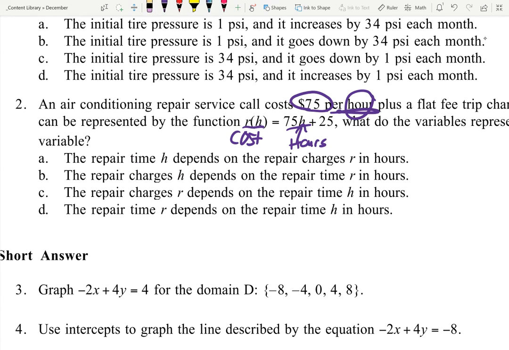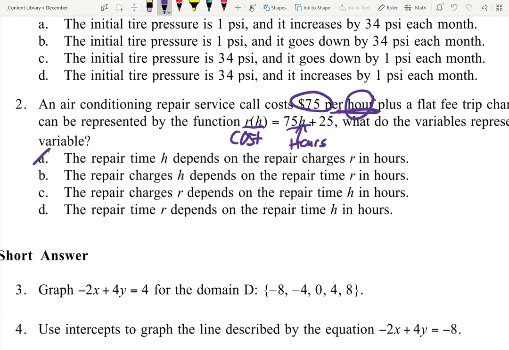And that's just not right, right? The time's not going to depend on the charge. It should be the other way around, right? The charges, the amount that we're going to have to pay at the end, is going to depend on the hours that they've worked, right? So this is incorrect because it's backwards from how it should be. It says time depends on charges. That's not the way this works.